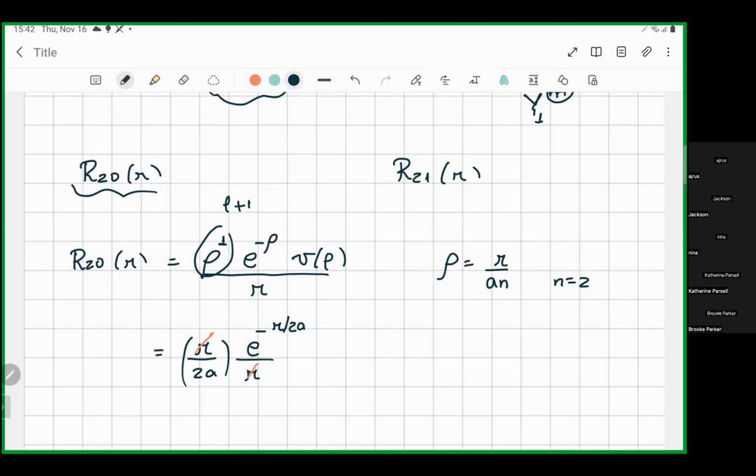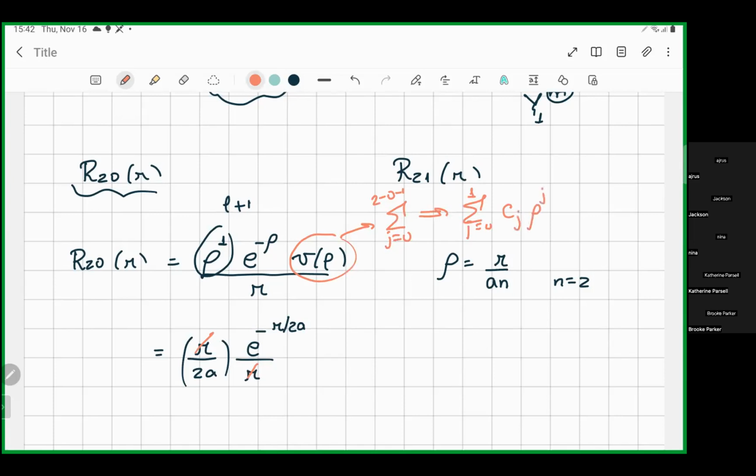And we have the v part, which is the sum. So let me write what that is. We said that it is from j equal to 0 to n, which is 2, minus L, which is 0, minus 1. So we have a sum from 0 to 1, we already said that, of c_j rho^j.